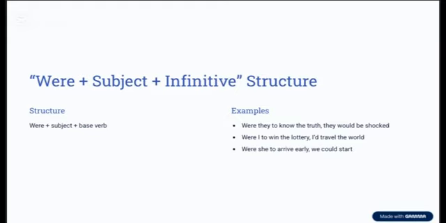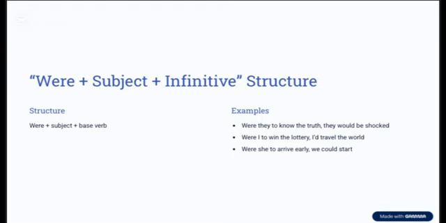Second example: Were I to win the lottery, I'd travel the world. The person didn't win the lottery, but in the future it can happen, but by now it's not true again, so the person is using this structure again.